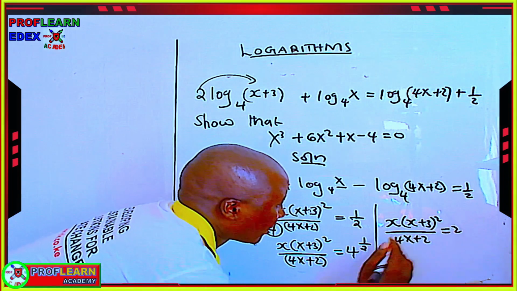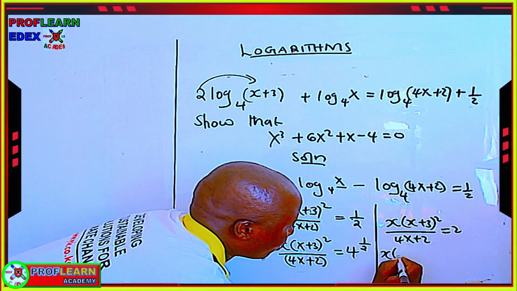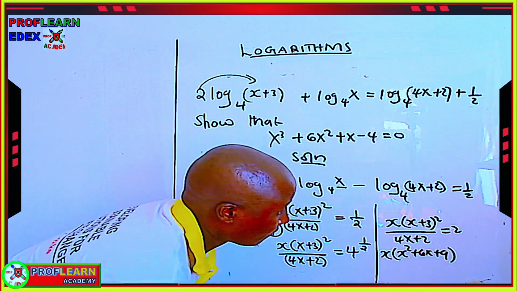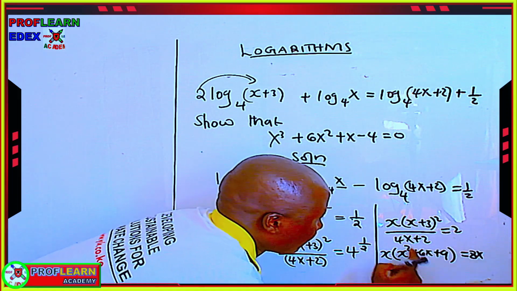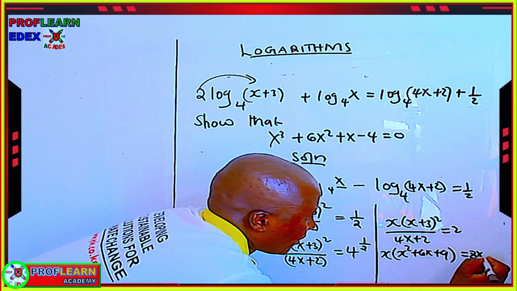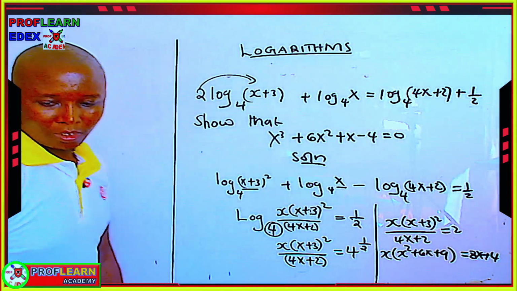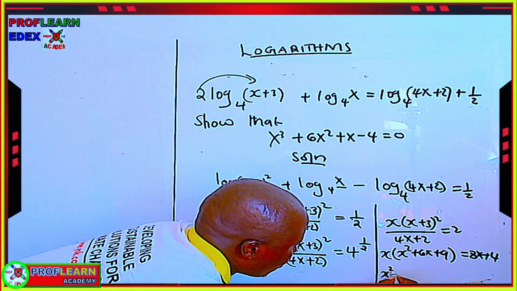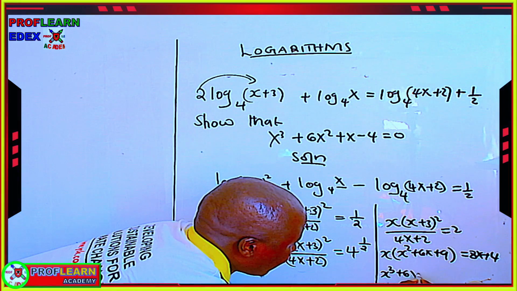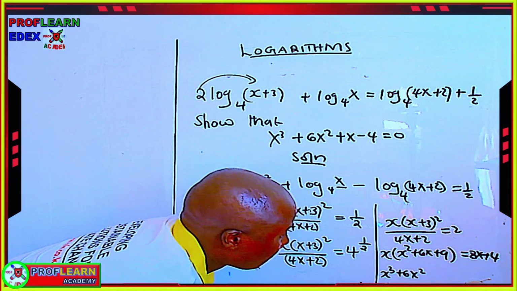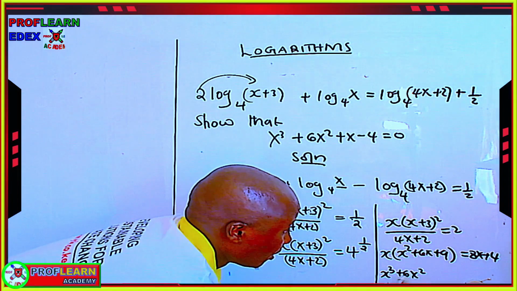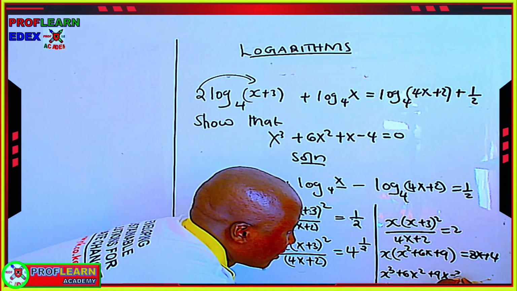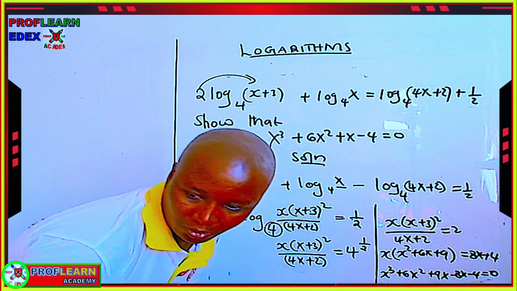So if we multiply this to this side and we expand this one, we're going to have x into (x squared plus 6x plus 9) equals 8x, 4 times 2, then plus 4 at that point. So this becomes x cubed plus 6x squared. Are we together? You can see what I'm writing, right? So this is going to be plus 9x, then minus 8x minus 4 equals 0.